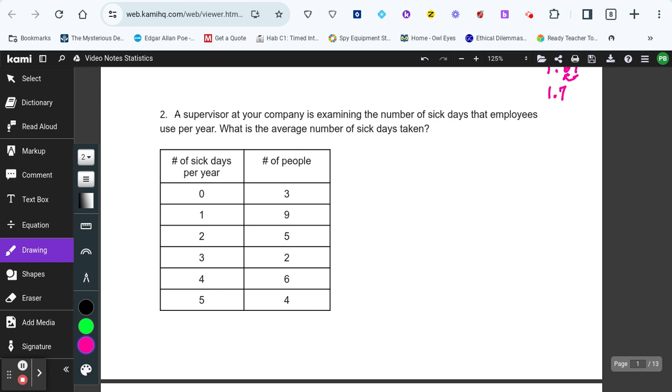It says a supervisor at your company is examining the number of sick days that employees use per year. So let's make sure we look at the question. What is the average number of sick days taken? So I want to find out the average of the number of sick days taken per year.